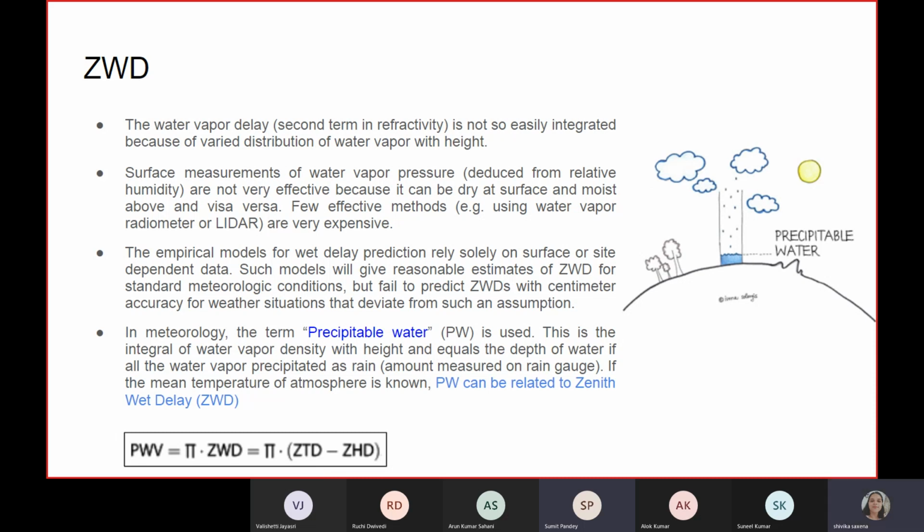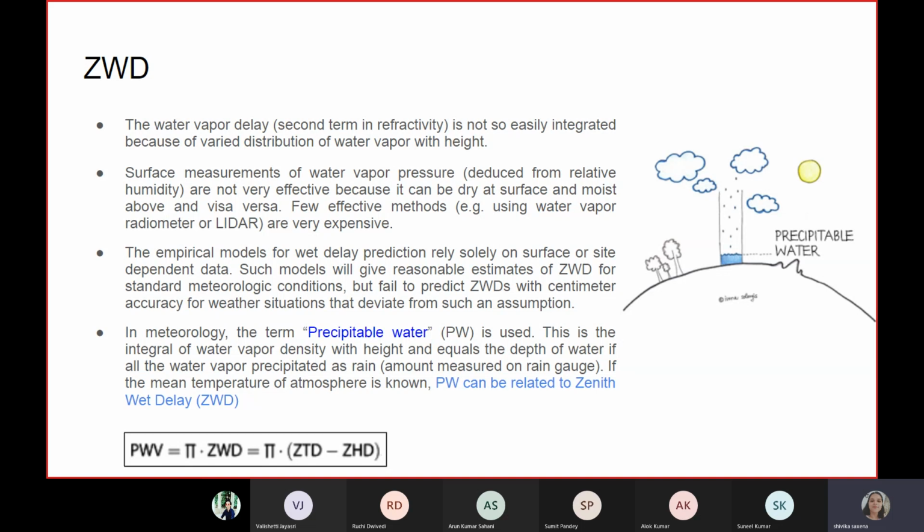Ma'am, this zenith total delay contains zenith wet delay and zenith dry delay? Yes, total delay means the total delay that is happening to the signal while traveling. Now we are making it comprise two parts because there are two parts of the atmosphere, wet part and dry part. That is why total delay is equal to dry delay plus wet delay.